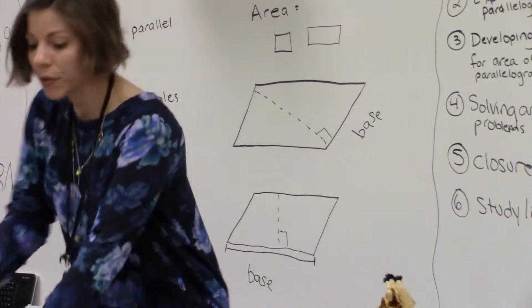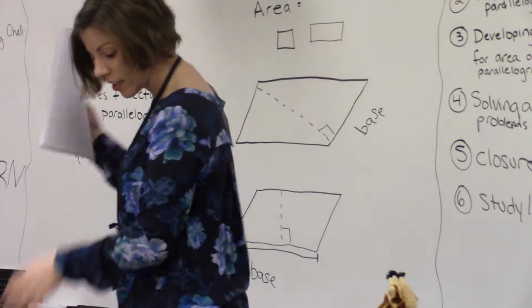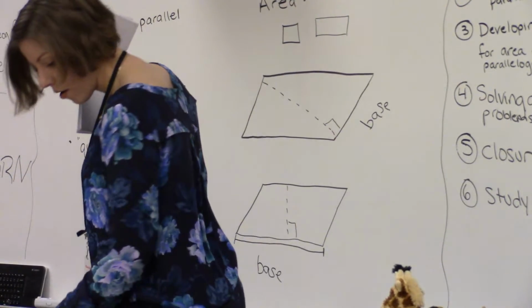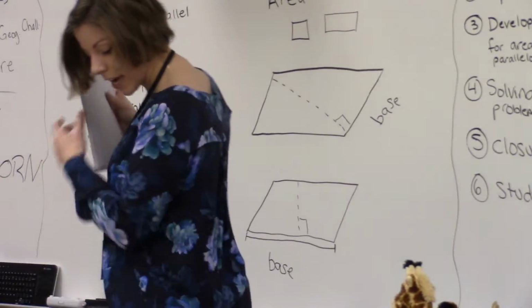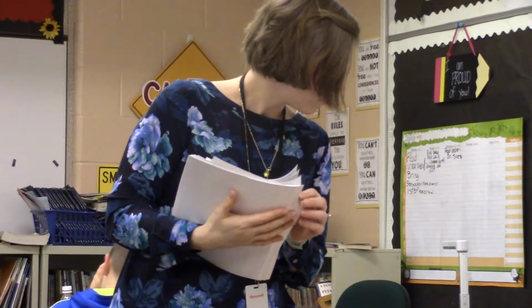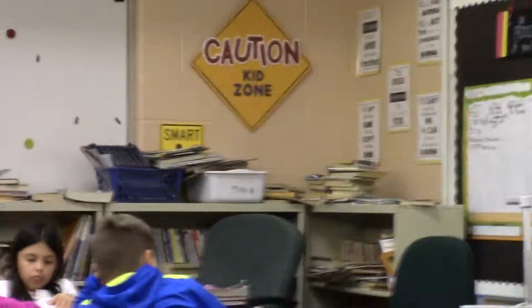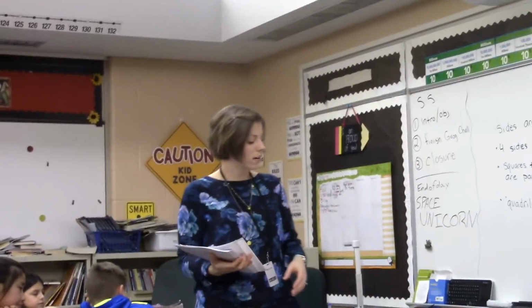I've got for you this sheet. We are going to create a formula for parallelograms. 1, 2, 3, 4. Oh no. Are we doing which thing? The fourth thing, the solving area problems? Yeah. I intend to, sure do.